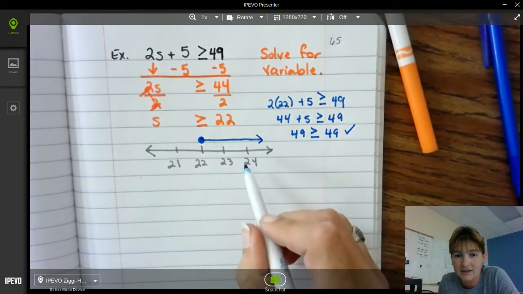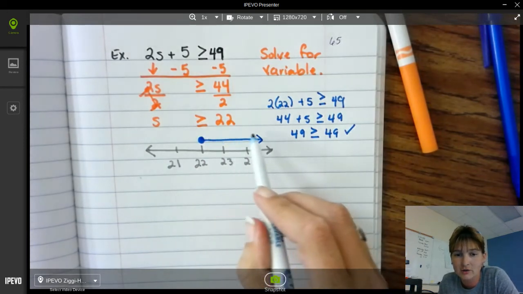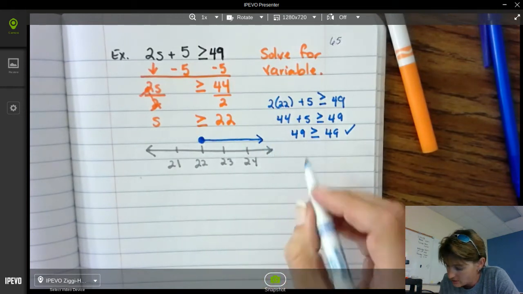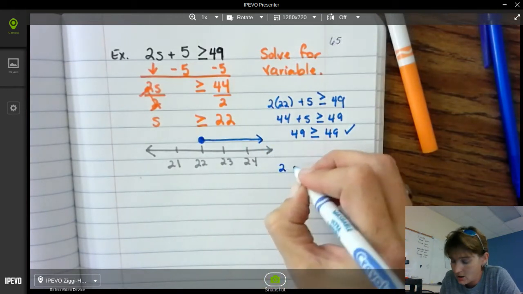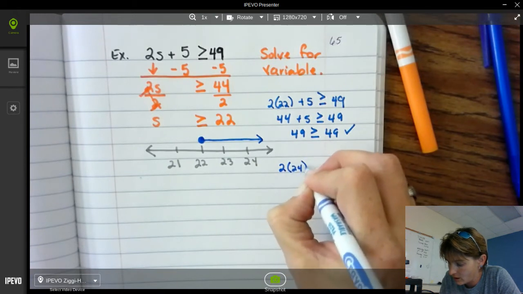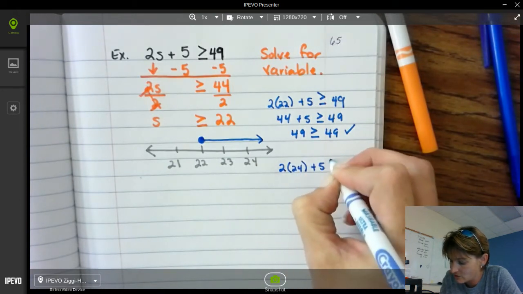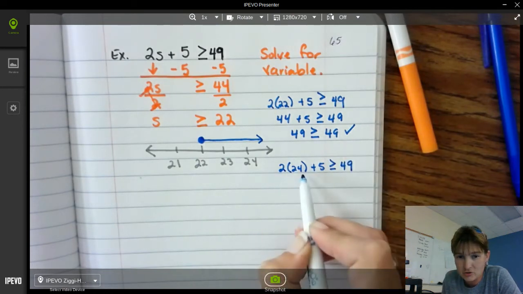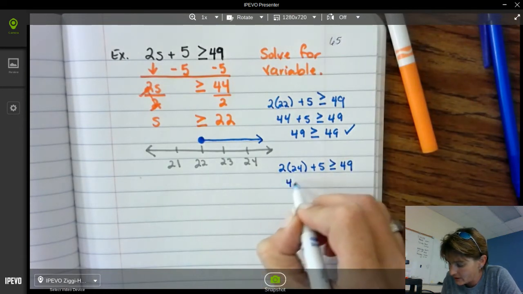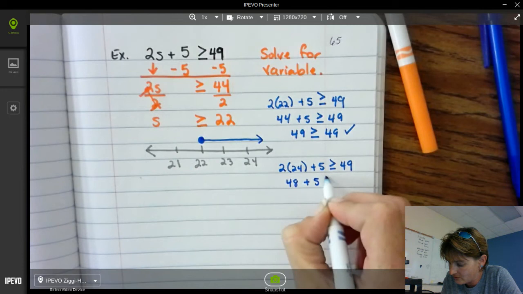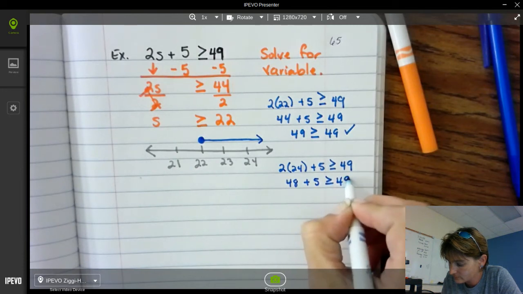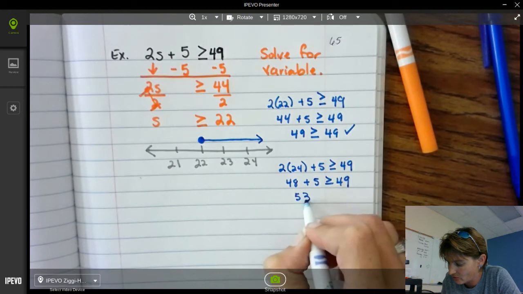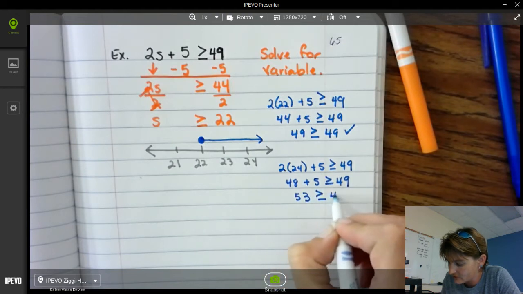Let's plug in 24 since it's included in the greater than portion. So down here we have 2 times 24 plus 5 is greater than or equal to 49. So 2 times 24 is 48 plus 5. 48 plus 5 is 53, greater than or equal to 49.